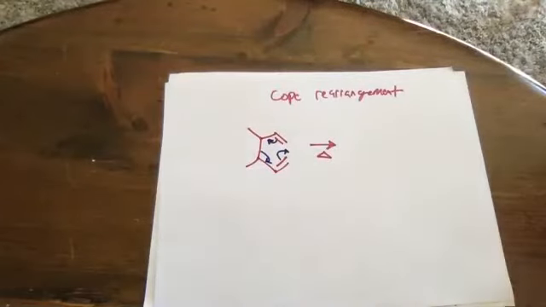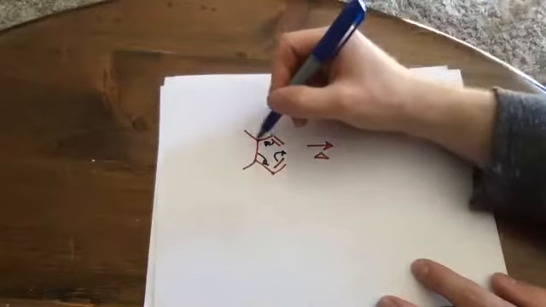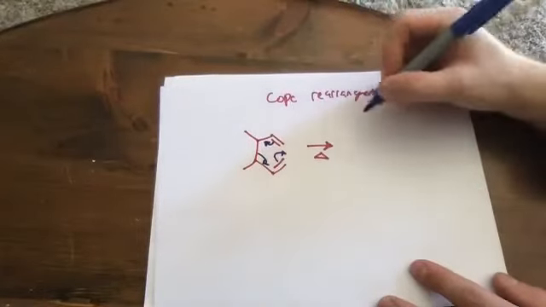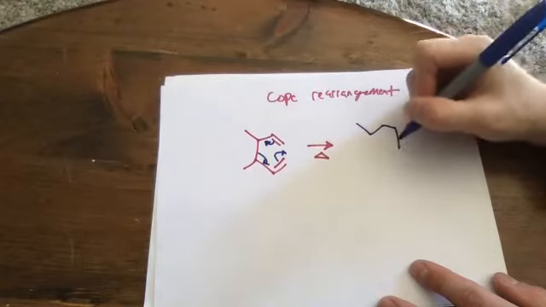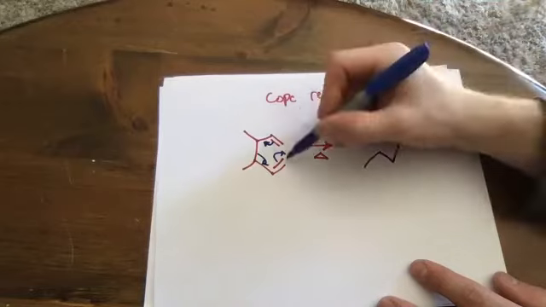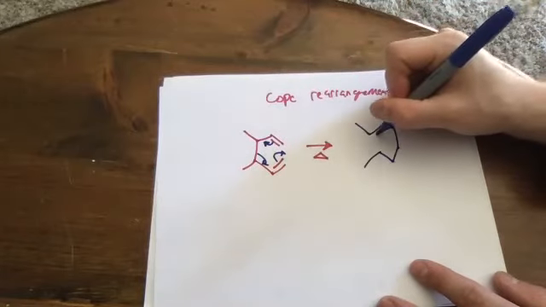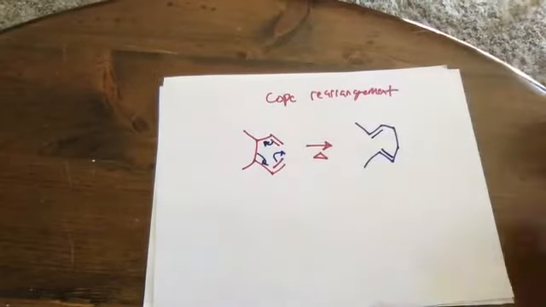We're going to make, it's not going to be a ring. So we've broken this bond. We made a new one here. It should look something like so made a bond there, shifted this one over, shifted this one down, and we can get this.